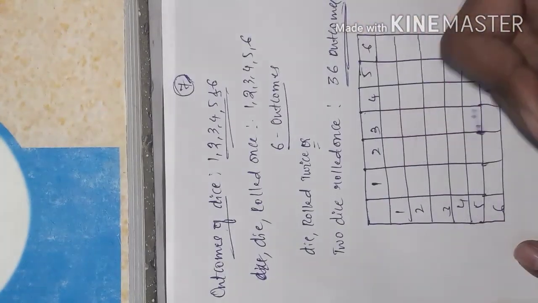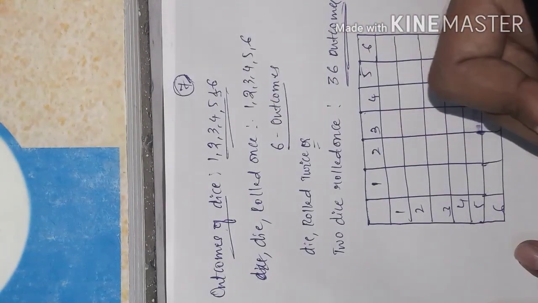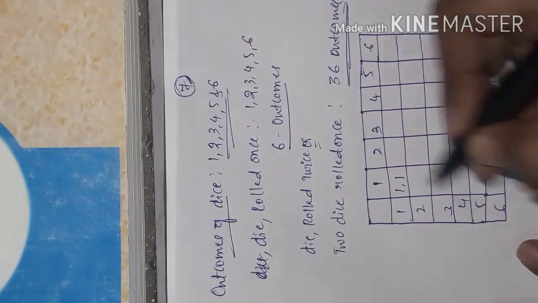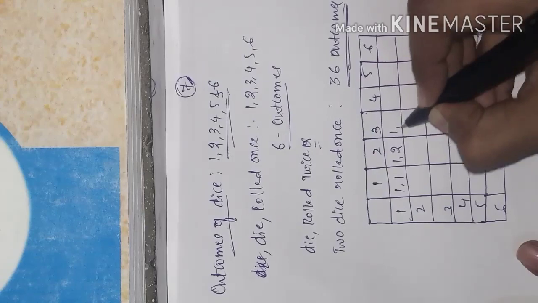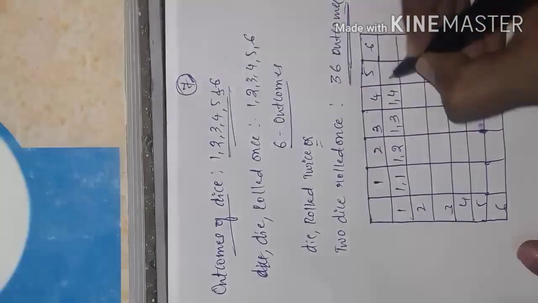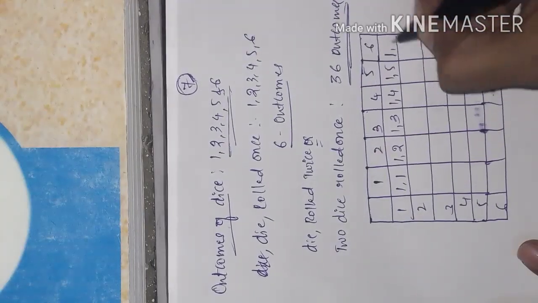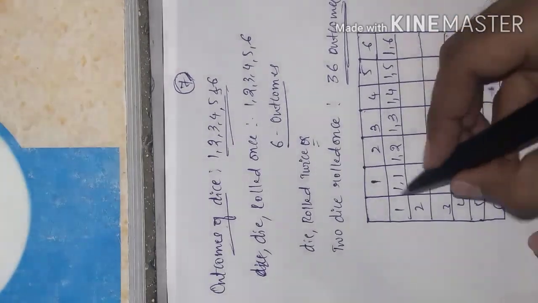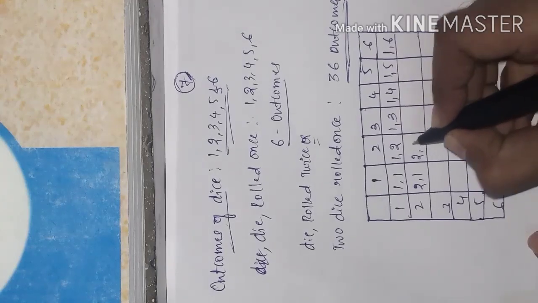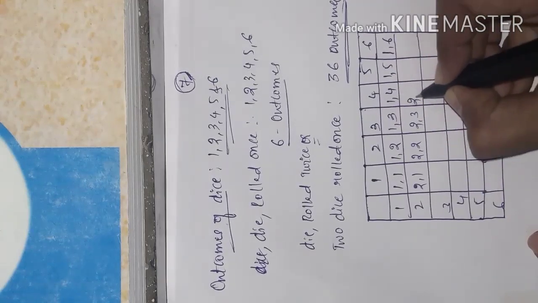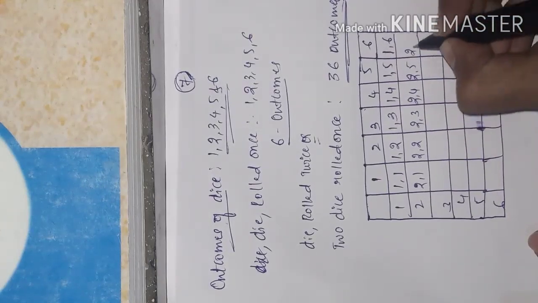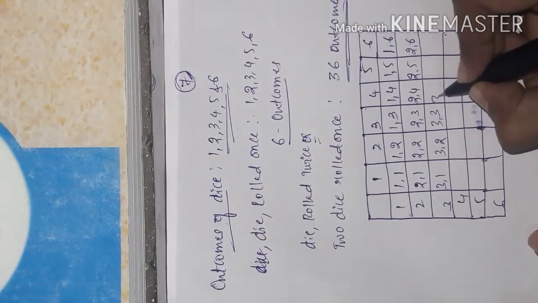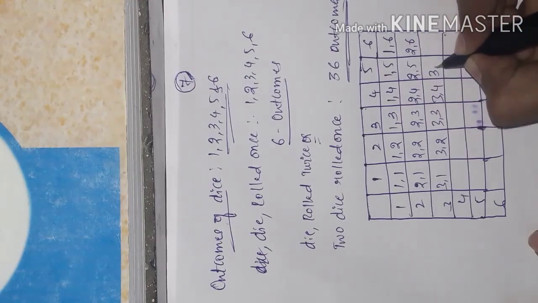When I roll it twice, or 2 dice rolled once, you may get 1, 1, you may get 1, 2, 1, 3, 1, 4, 1, 5, 1, 6. Or else you may get 2, 1, 2, 2, 2, 3, 2, 4, 2, 5, 2, 6. There are 36 outcomes, so let us write all the 36 outcomes in this table.